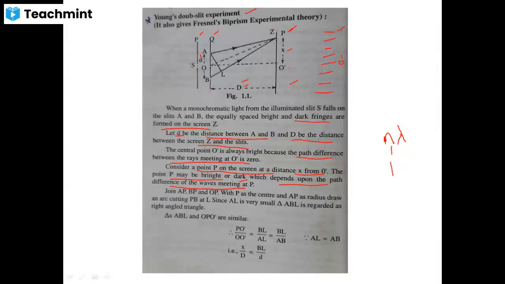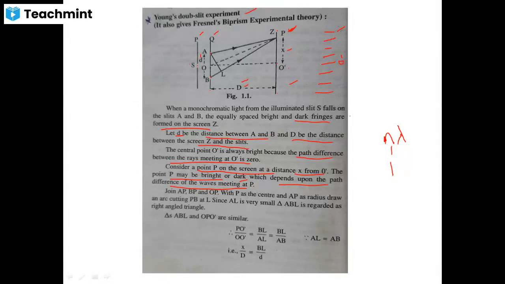Yes, it's very important. Whether this P is a bright band or a dark band ultimately depends upon what? It depends upon the path difference between the ray AP and the ray BP. So what is the path difference between AP and BP? Depending upon that, this is going to be either a bright or a dark band.